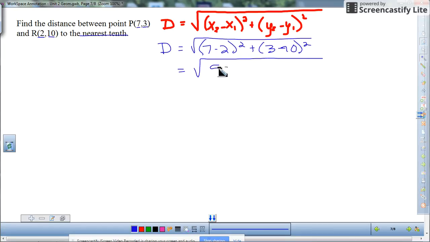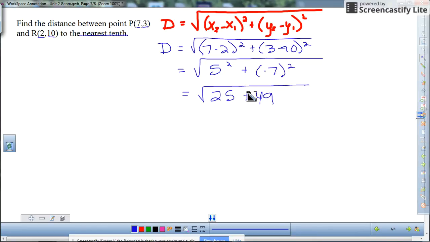7 minus 2, well, that's 5. 3 minus 10, well, that's negative 7. So I know that 5 squared is 25, and negative 7 squared, negative 7 times negative 7 is a positive 49.